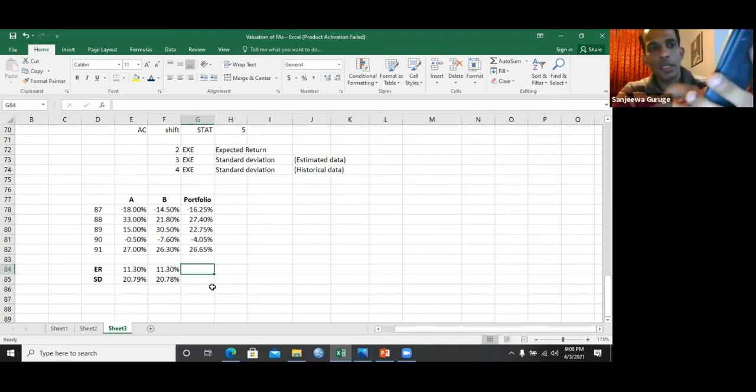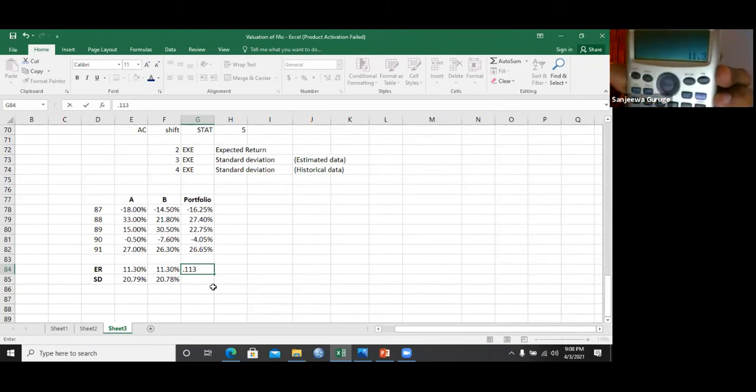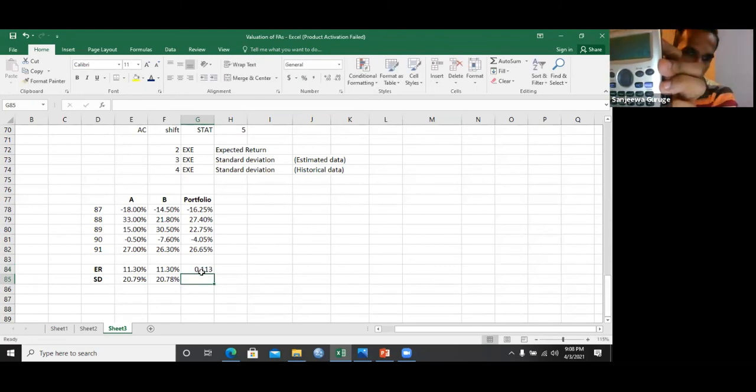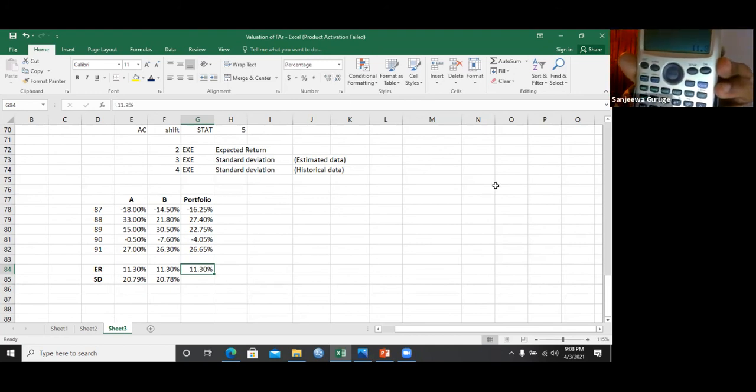Then AC, shift stat 5. When you press 2, you get the expected return. The expected return is 11.3, right?